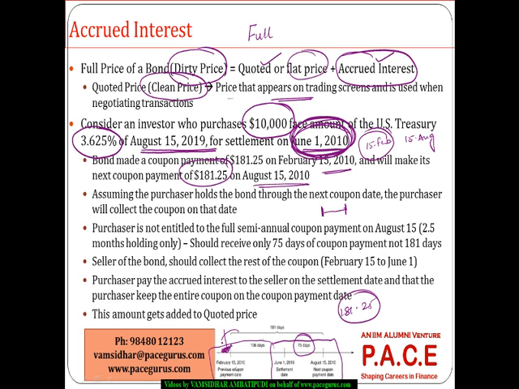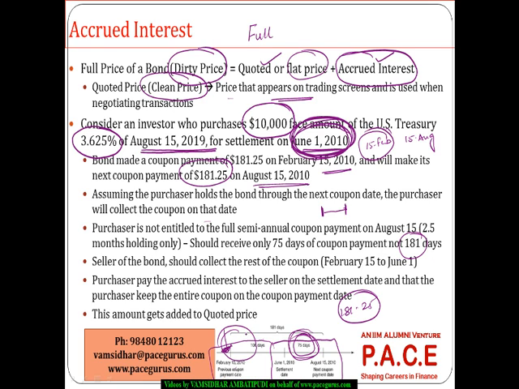This person should be eligible for the 106 days of the coupon, and I am eligible only for the 75 days, because I am purchasing it somewhere in the middle. So the new purchaser, which is me, is not entitled to the full semi-annual coupon. I am eligible only for 75 days out of the 181 days.